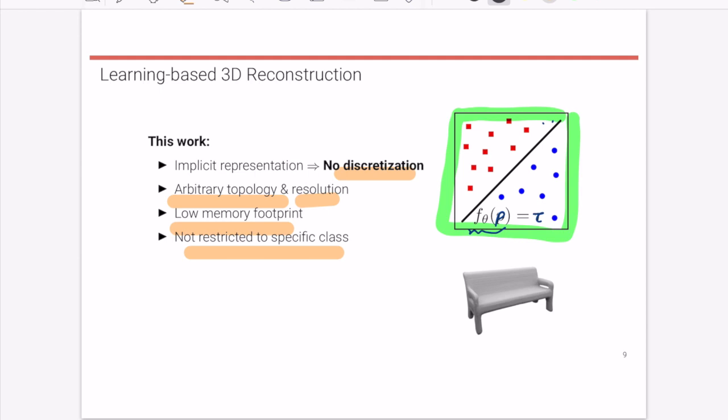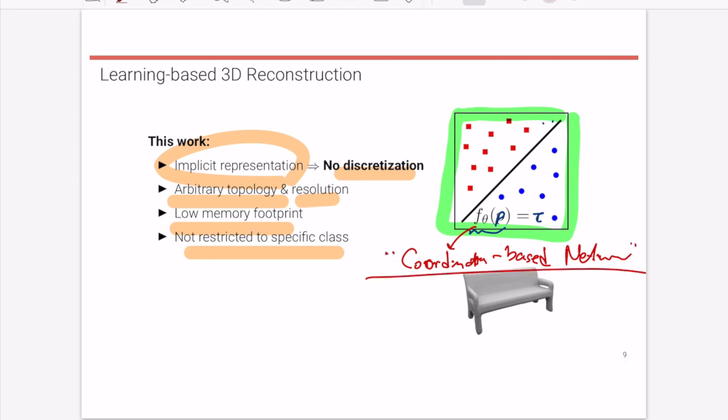So this is the implicit representation. NeRF, neural radiance field, is a kind of implicit representation. We will talk about this later in this lecture note. This is a kind of coordinate-based network, and this is the topic of this lecture note.